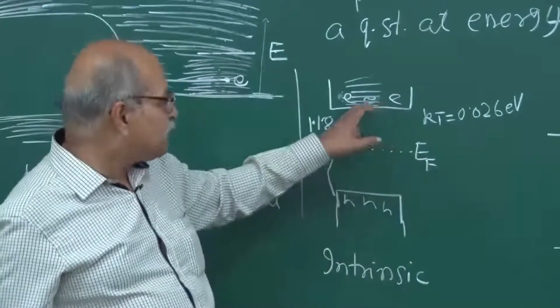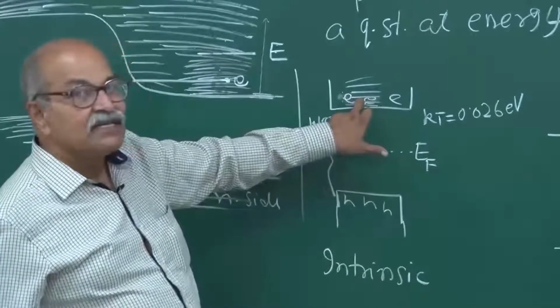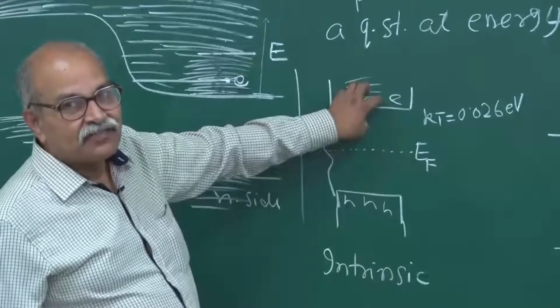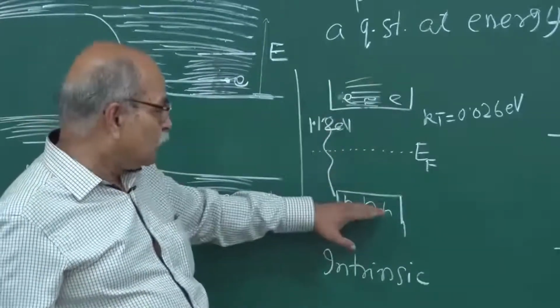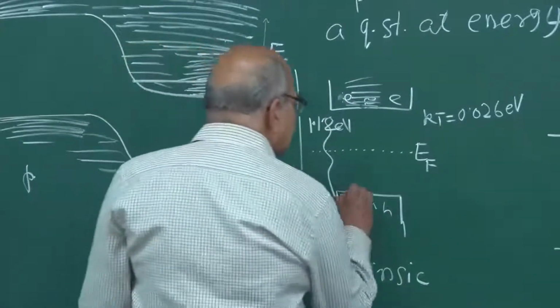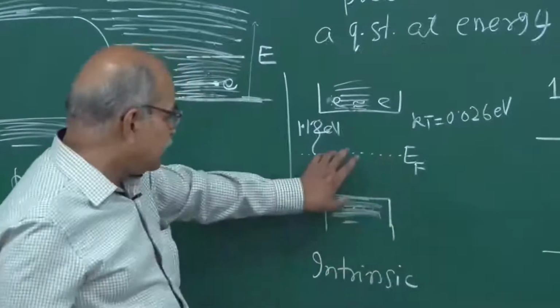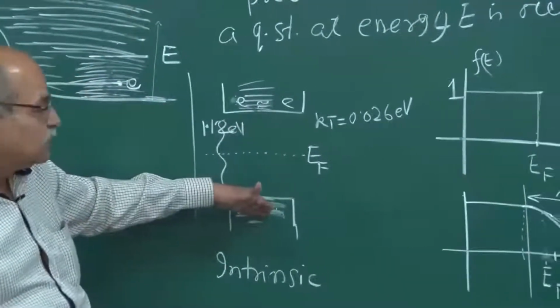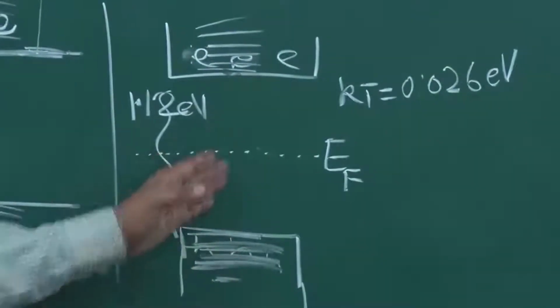And therefore the probability that an electron will be in this quantum state is very, very small, and that is why you have a very small number of electrons able to reach here. And for holes, once again, this is much below EF, so the probability of occupation is very close to 1.